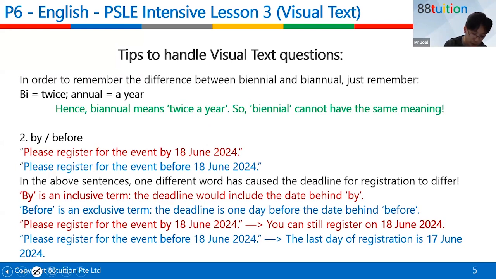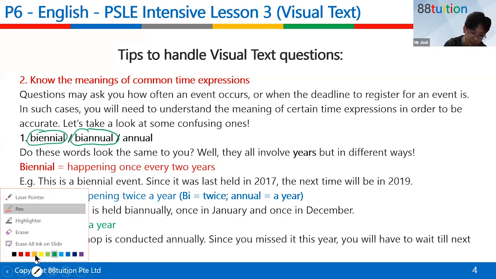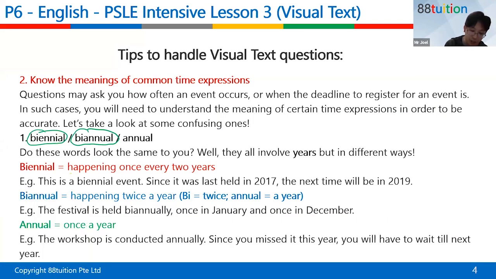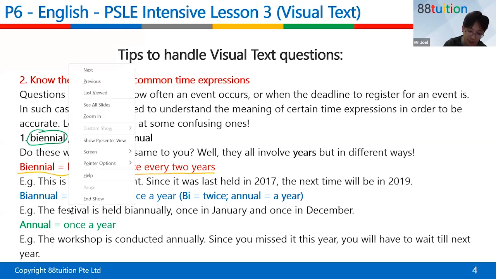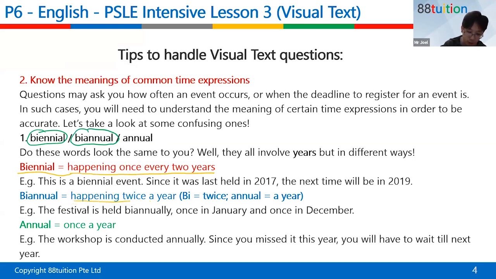Okay, if they tell you the event is happening biennially, it's actually happening once every 2 years only. Versus biannual, it means it's happening twice in a year. Bi means twice, annual means year, means twice in 1 year. Versus biennial, this is different. It's happening once every 2 years. So it's a common mistake that students make. And then annual, of course, means once a year.